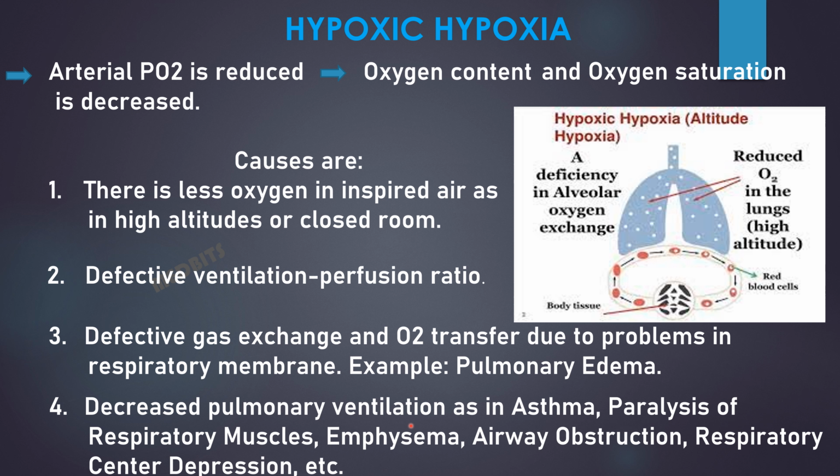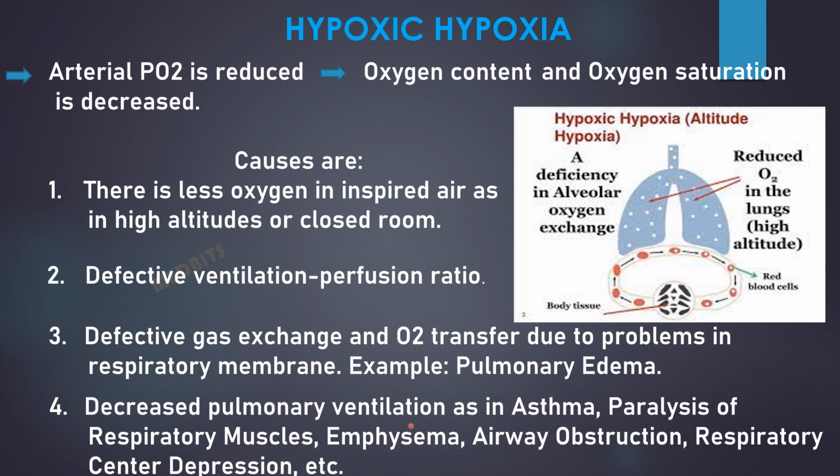Now coming to the next, defective ventilation perfusion ratio. The next one is defective gas exchange and oxygen transfer due to problems in the respiratory membrane. An example is pulmonary edema, right?